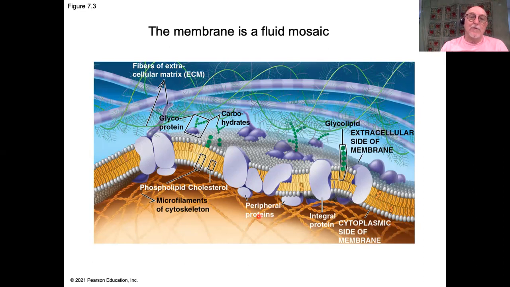The other thing I just want to remind you about is that many of these proteins that we see on the membrane are also associated with the cytoskeleton. I've just mentioned how the proteins can be moved. Well, these here underneath, which are microfilaments of the cytoskeleton, these are actually actin. And they can be associated also with the motor proteins.